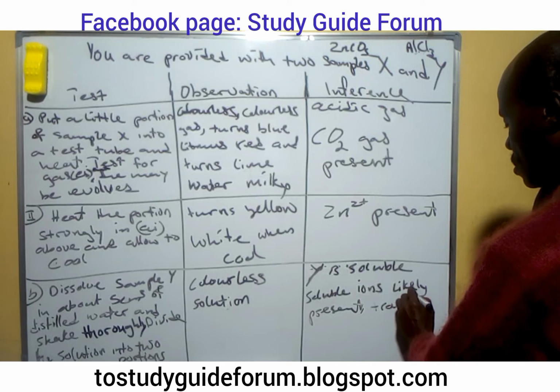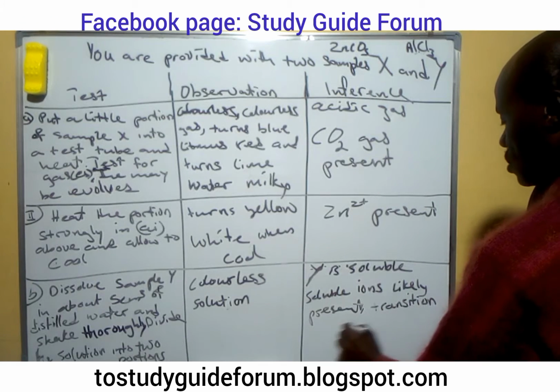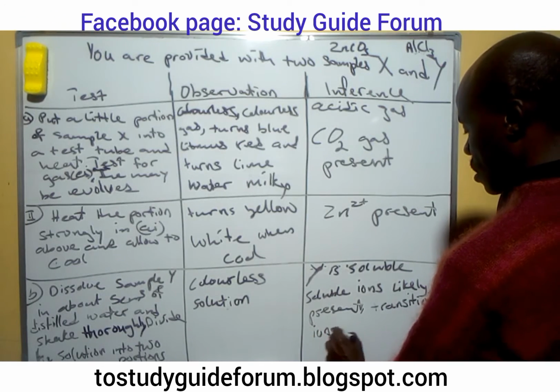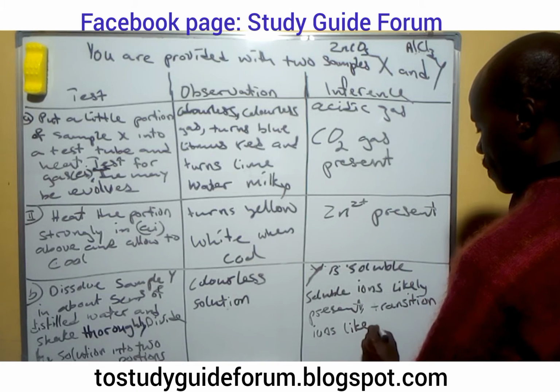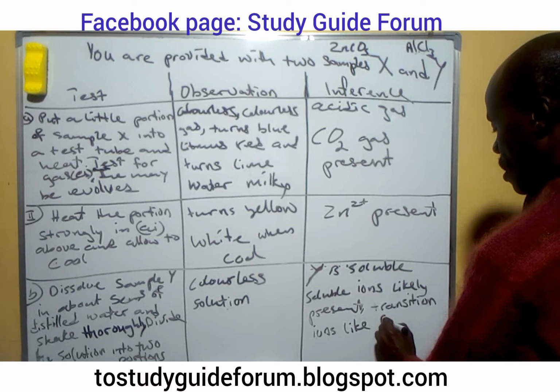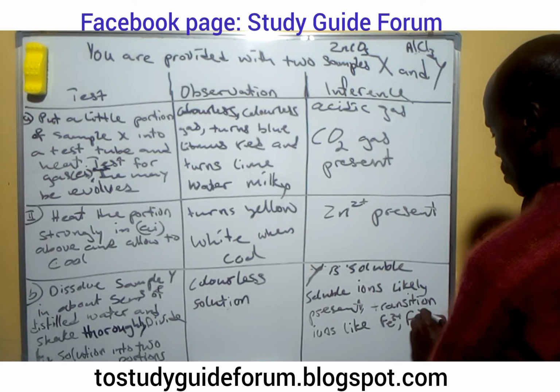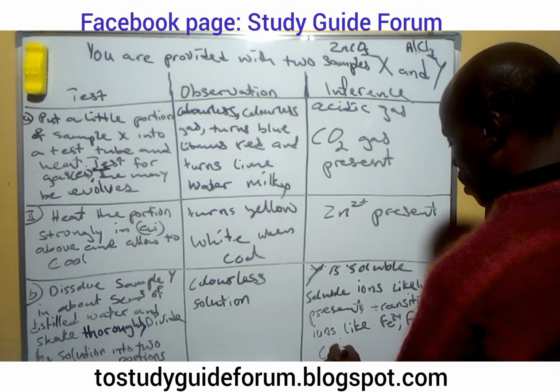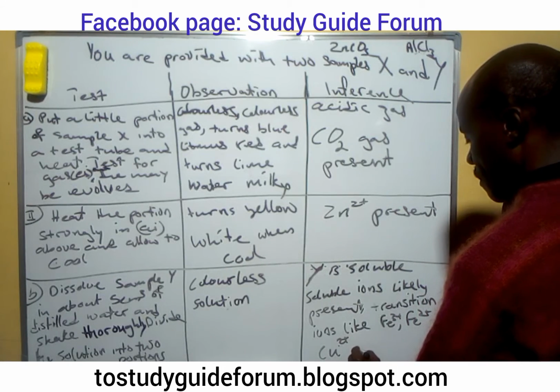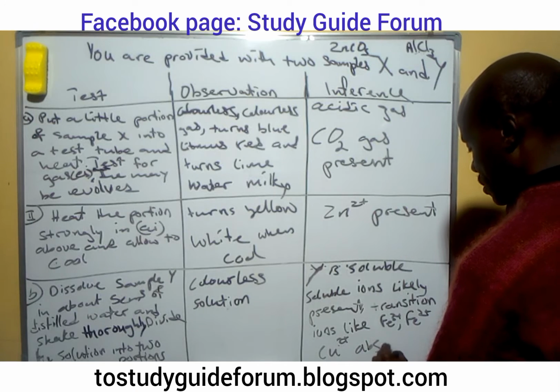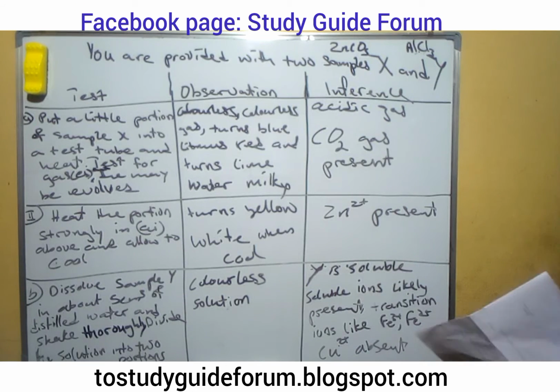Transition ions like iron(III), iron(II), and copper are absent.